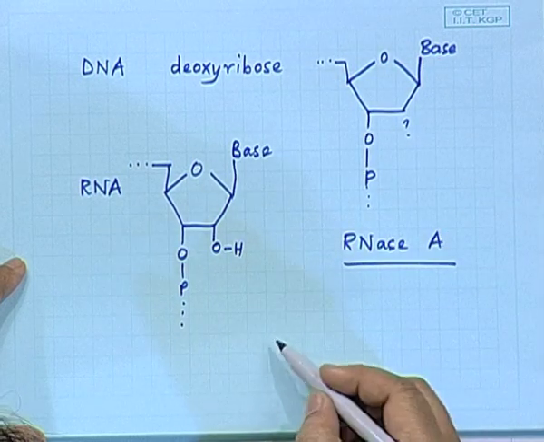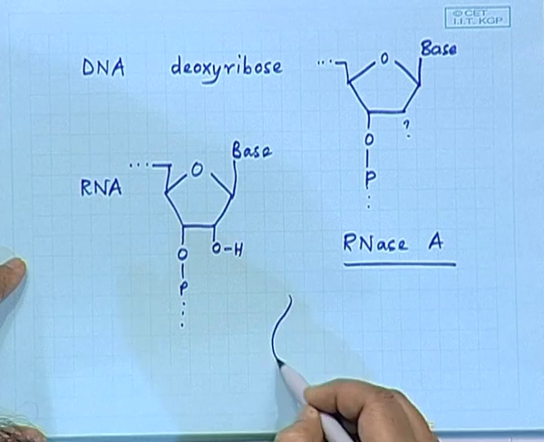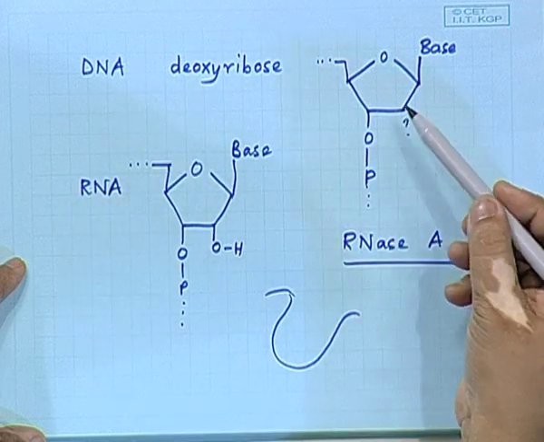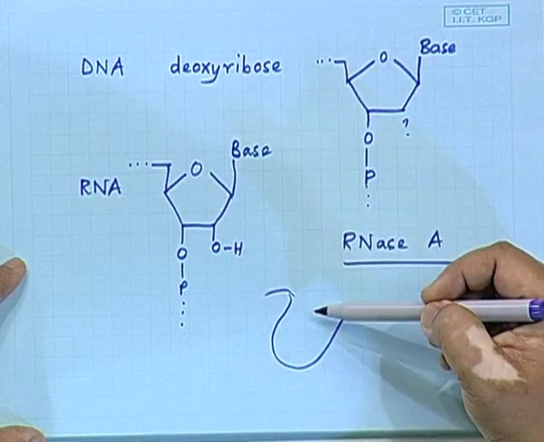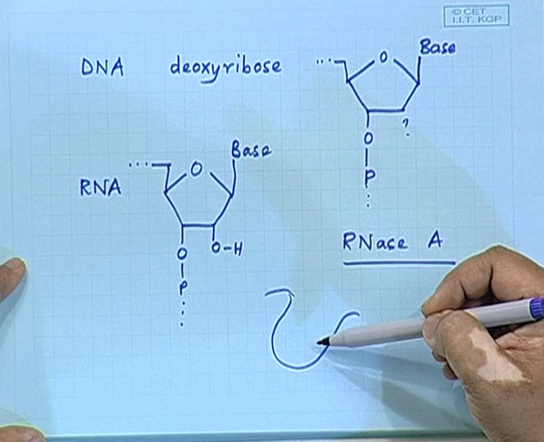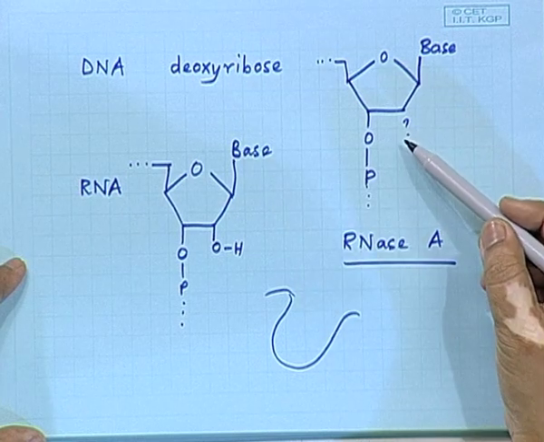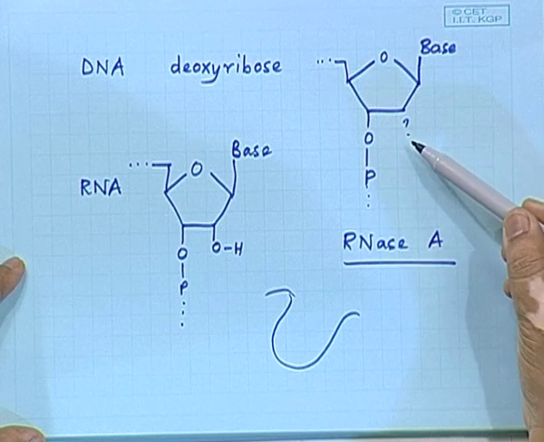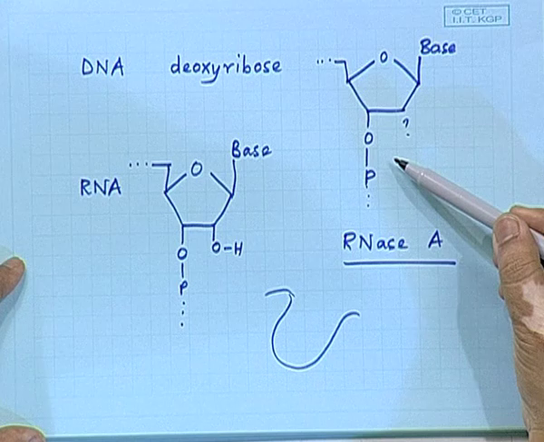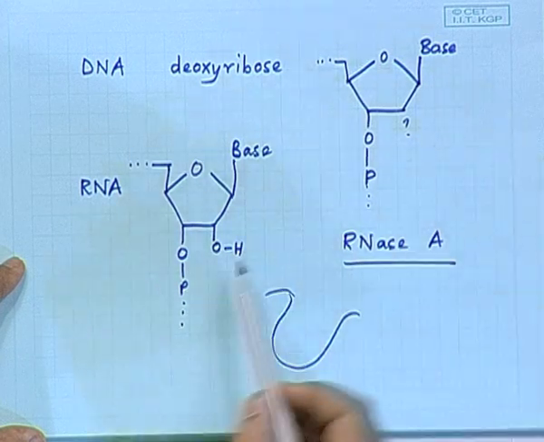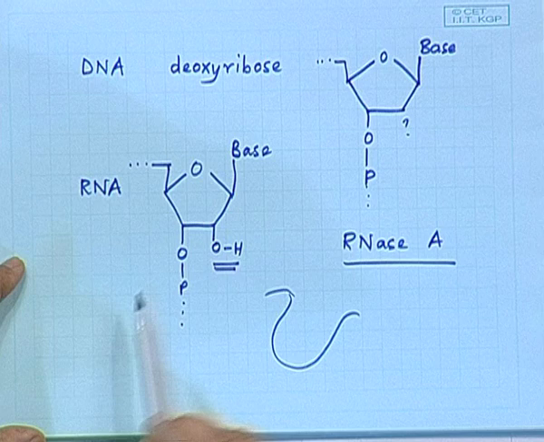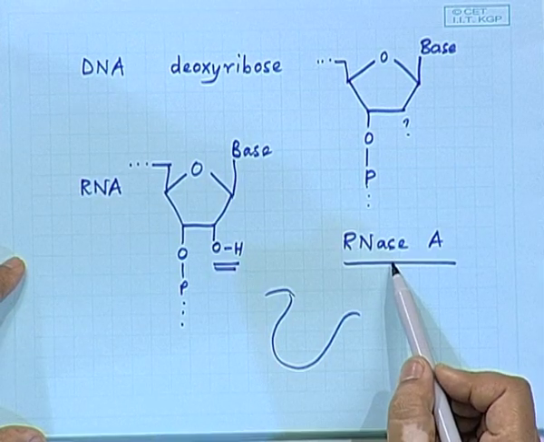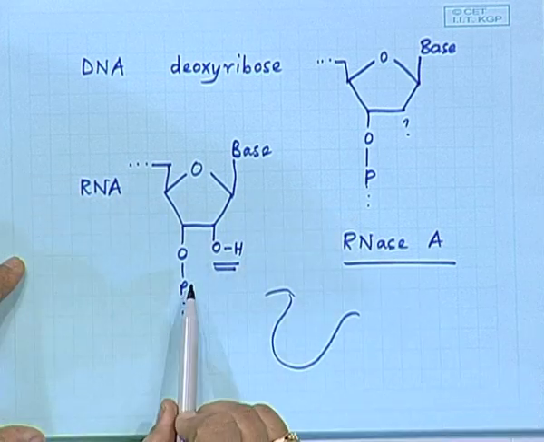So, when it fits into the active site, say we have an active site here, it may so happen that it probably will fit, but it will not cleave. Why? Because it cannot form the cyclized phosphate intermediate, just because of the absence of this OH. So, you see how extremely specific this particular protein is in cleaving just RNA.